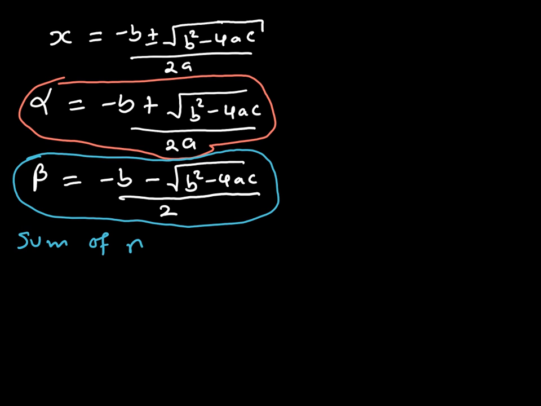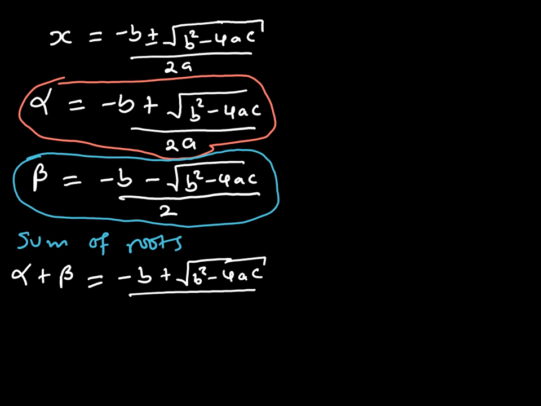I get alpha and I add to beta. This is going to be minus b plus the square root of b squared minus 4ac divided by 2a, and I will add on another minus b, then minus square root of b squared minus 4ac divided by 2a.